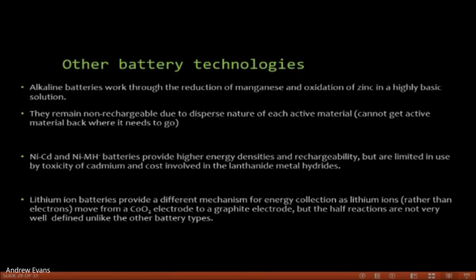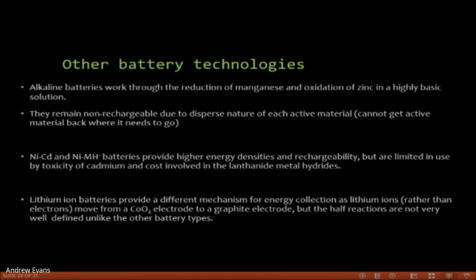And now most of these are non-rechargeable. They've found ways to recharge these to some extent, but the standard alkaline batteries aren't rechargeable, because once they discharge, the active material, which is the manganese and the zinc, kind of falls away.